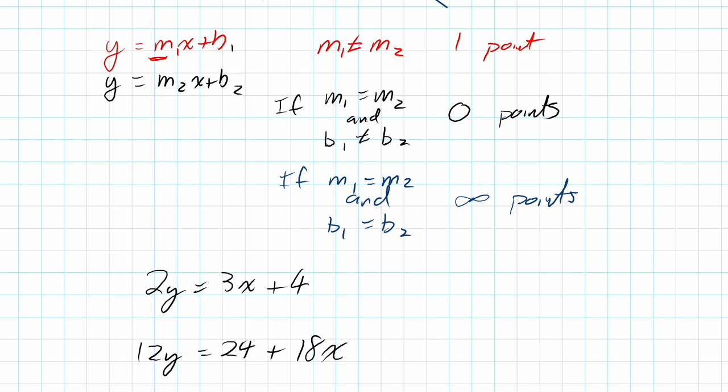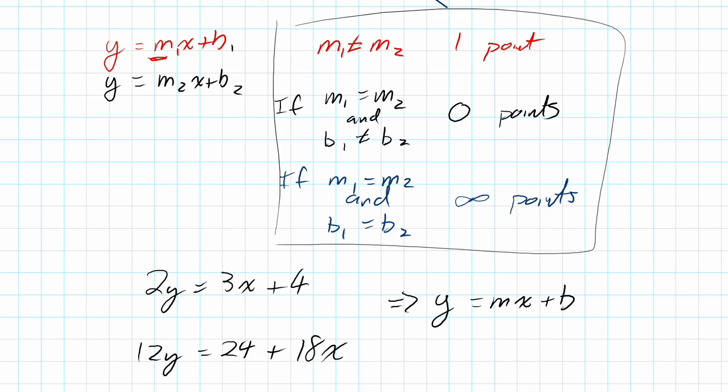You'll always want to get it into your single y equals mx plus b form in order to use this little chart. Let's say they call these equation 1 and equation 2. Once you get it into that form, then you can reference your chart.